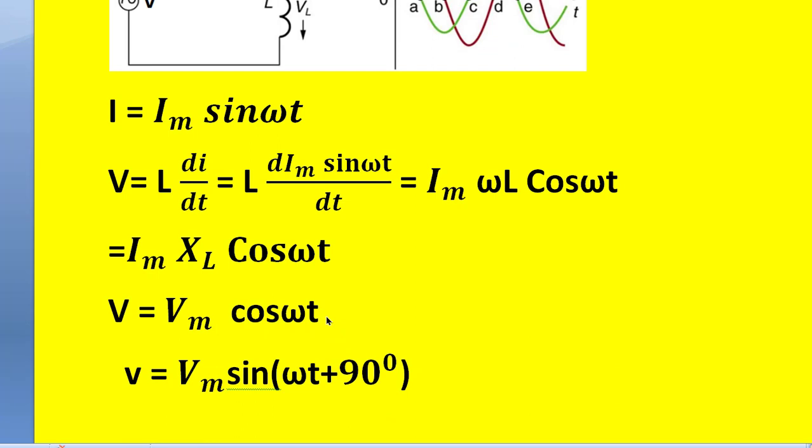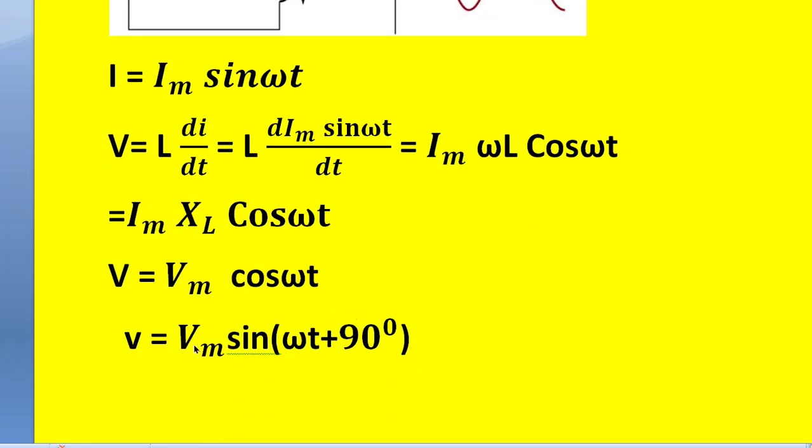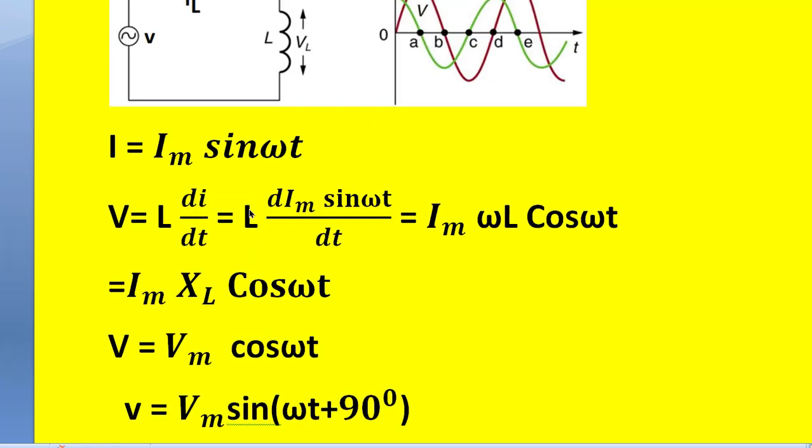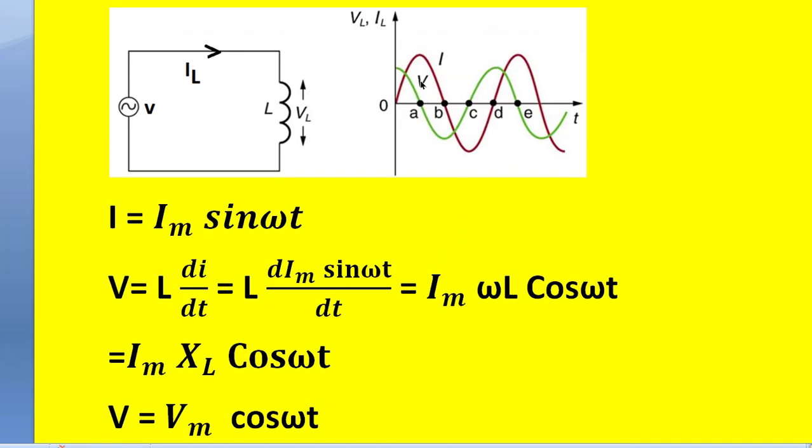This cos omega t we can represent in terms of sine like this: V is equal to Vm sin omega t plus 90 degrees. If you look at this, here is the current waveform and here is the voltage waveform. The voltage is leading the current waveform by 90 degrees, meaning the voltage starts first, then the current.